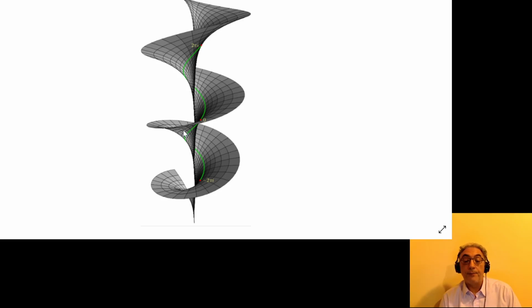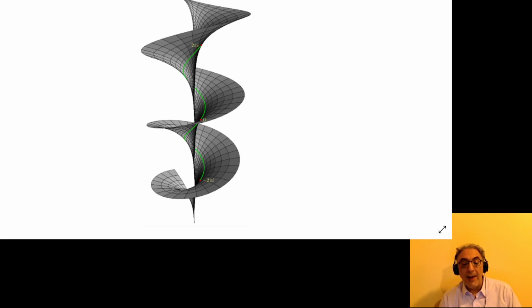Because we think of the conformal projection, so the projection of the helicoid on the underlying circle preserves all angles. So the natural bridge to think of it is in terms of light.